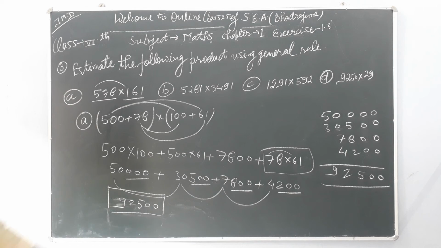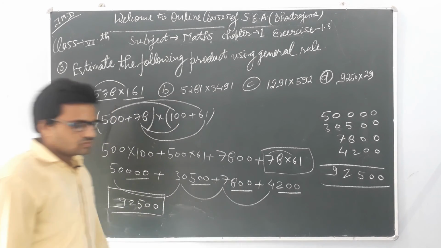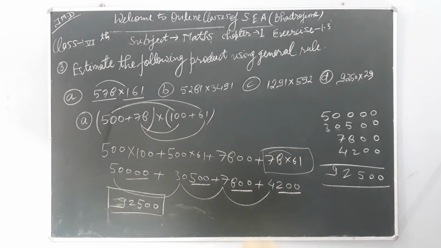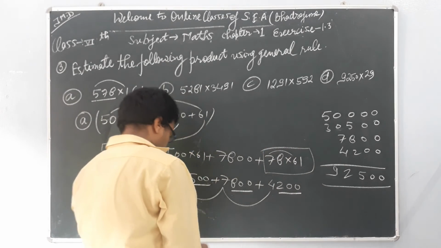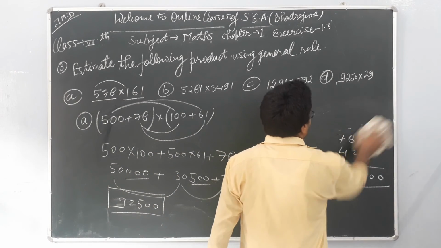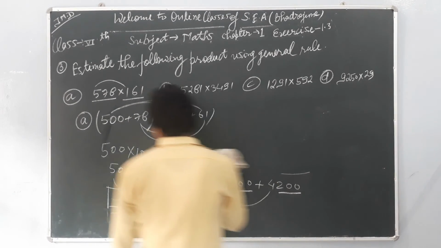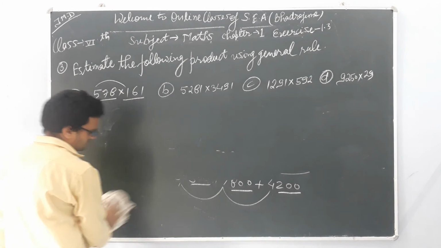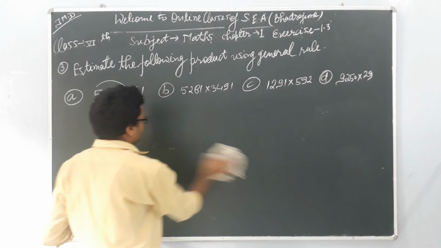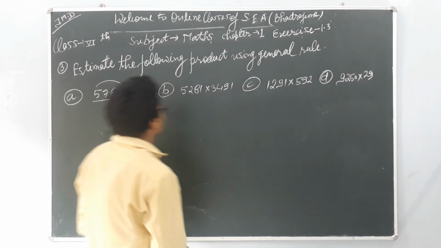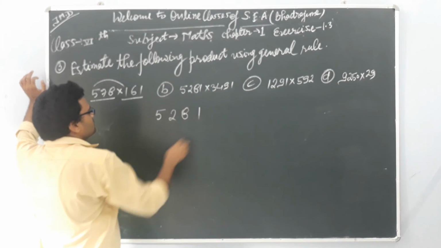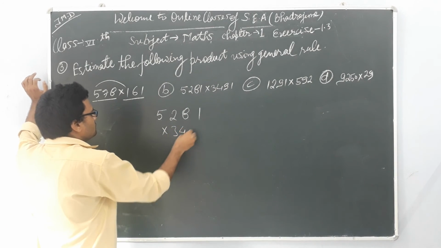Next one is part B. So what is our part B? Our part B is 5281 multiplied with 3491.